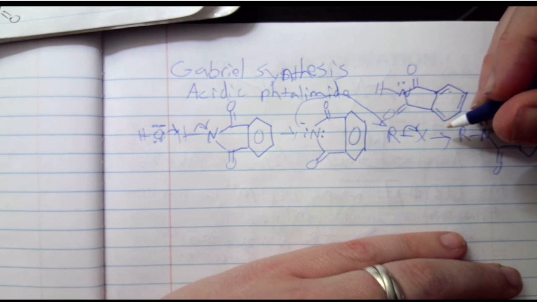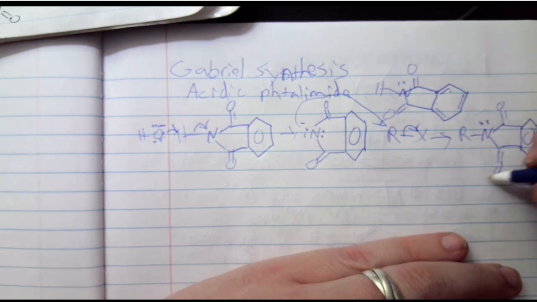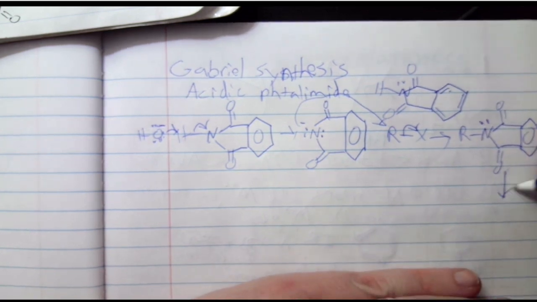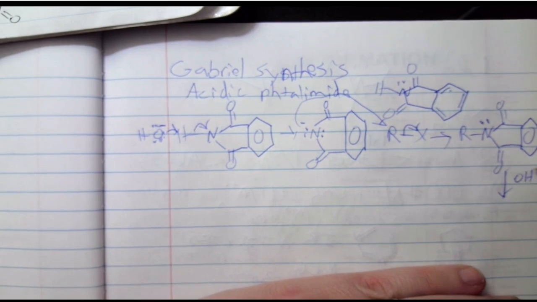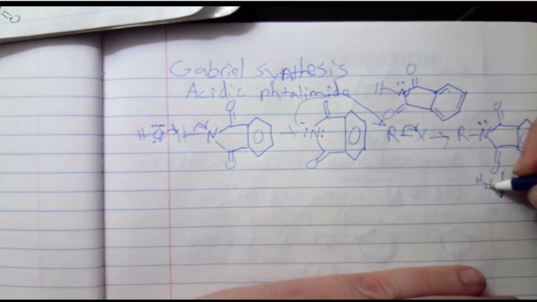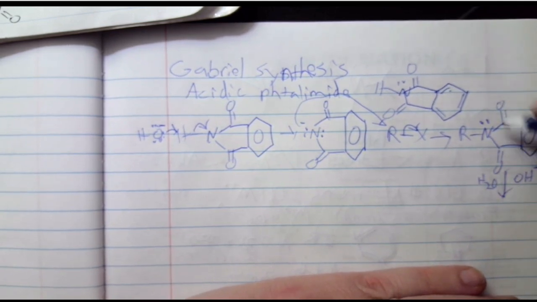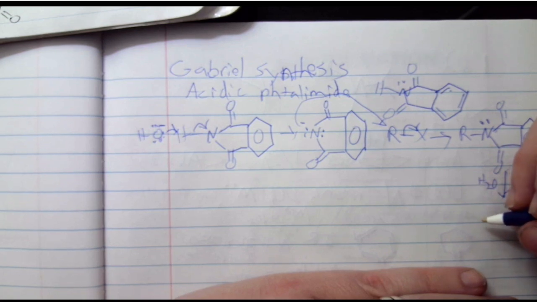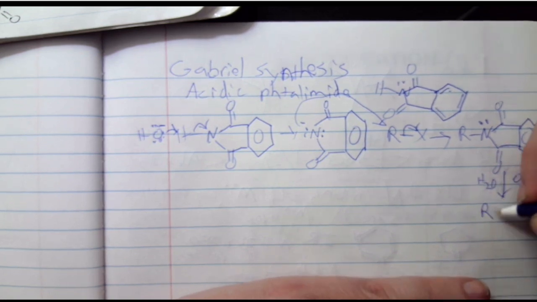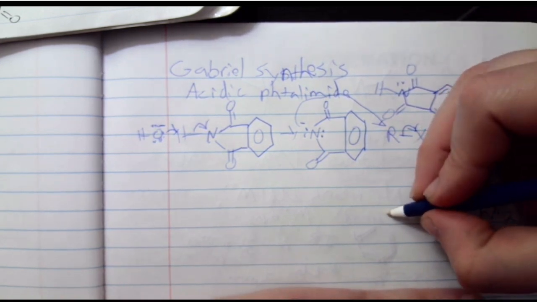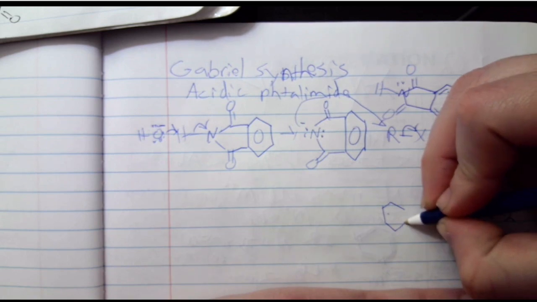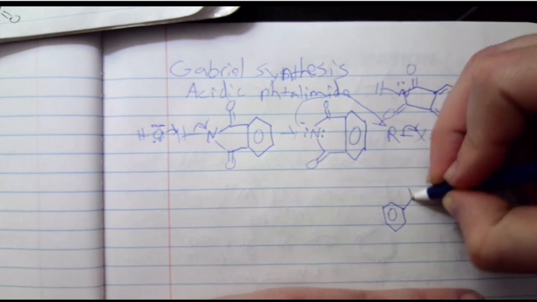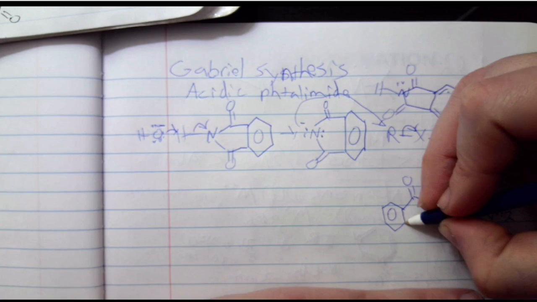Now, in the presence of more base and water, this is going to protonate and deprotonate, and it's going to essentially break that apart into a dicarboxylate and ammonia. So once we've fully added this, we get our amine, but we also get the phthalimide breaking down into a dicarboxylate.